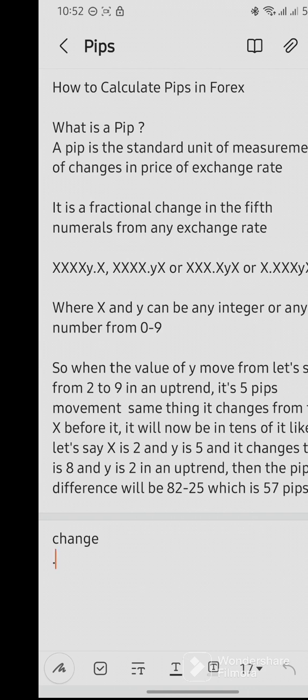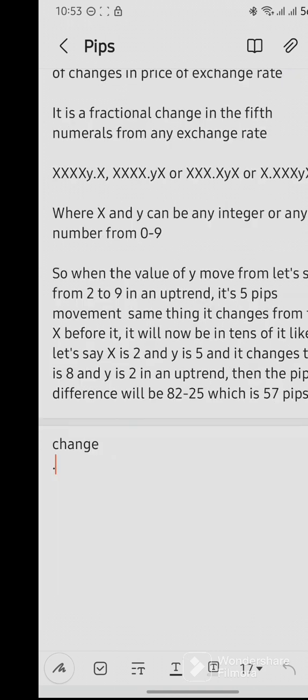If you subtract, 19,502 minus 19,500, consider the rest of the numbers did not change apart from the last one, which is the Y component, which is the pips. So that is what we call 2 pips. 2 minus 0 will give you 2. That is 2 pips in the exchange rate. So that is the change in price in pips.